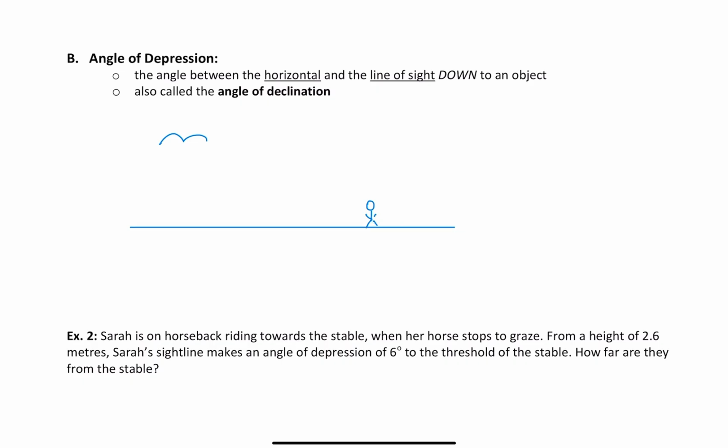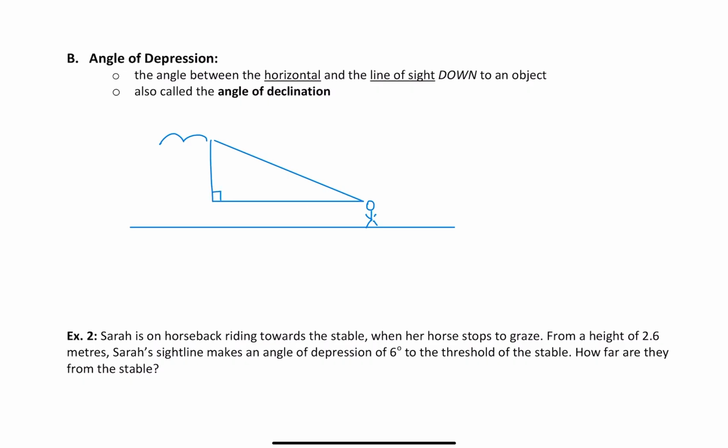So if we were the bird and we were looking down at this person, this would be our line of sight, right? We would look down. And it again is between the horizontal and line of sight. So horizontal is the line from the person and across. So again, it's at eye level to the person.